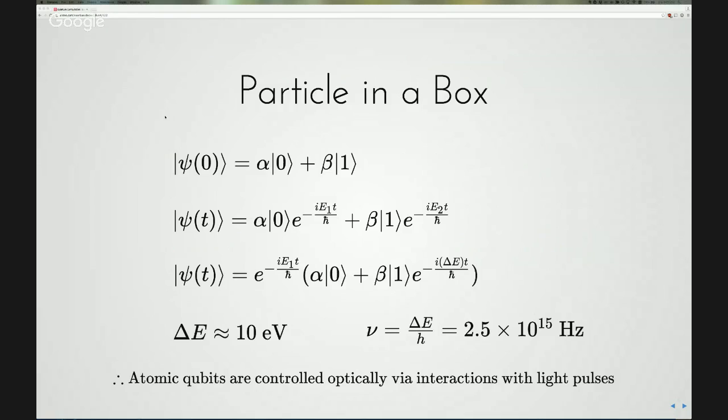Converted to frequency, it's close to the frequency of visible light. This is my way of hinting that if you were to have a qubit made out of hydrogen, you would in fact shine visible light at it to control it. That's in fact how it is achieved in some laboratories.